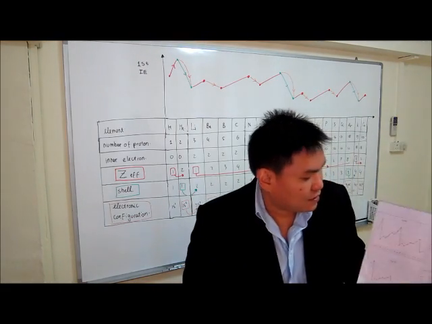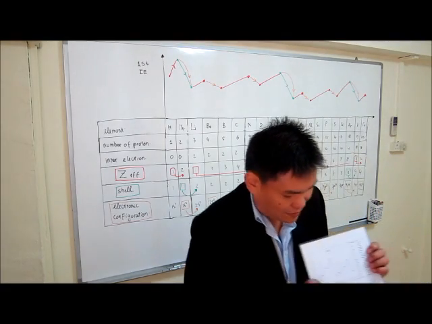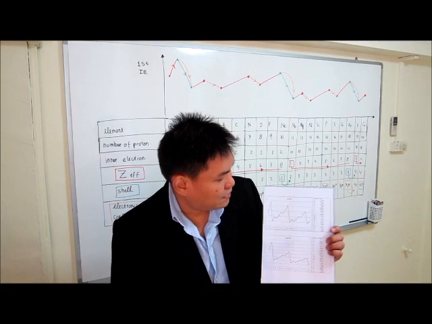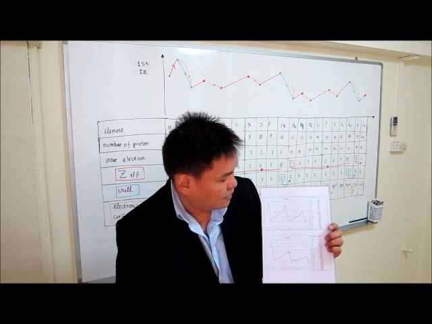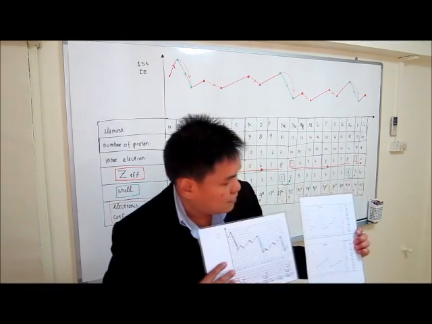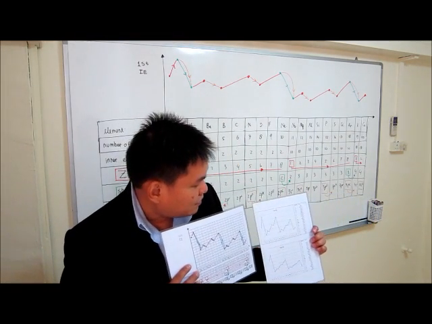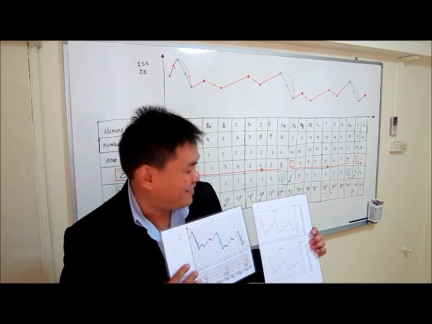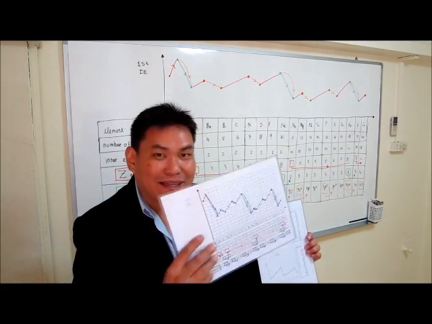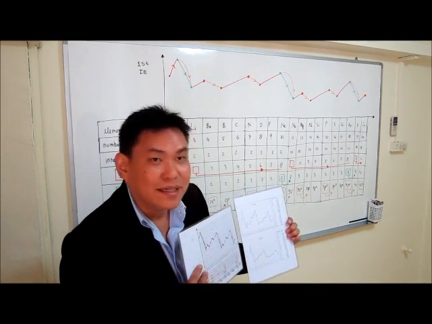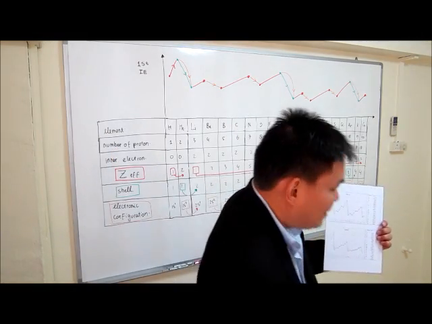The correct one is of course from the computer generated graph like this. So this is the first IE, so it looks quite similar. Of course, you can't expect it to be 100% correct, but for sketching purpose, is this correct? Right?